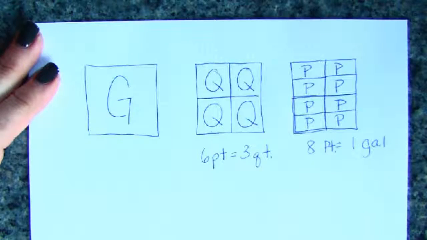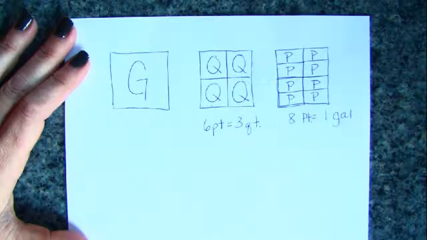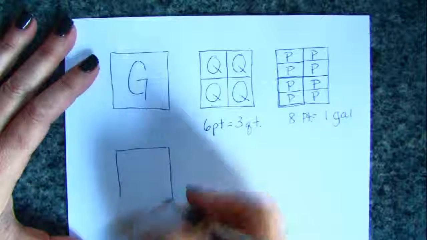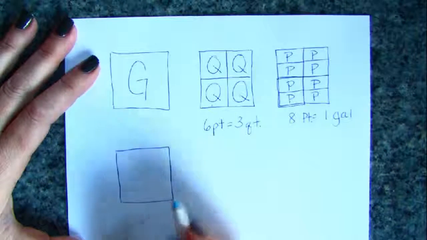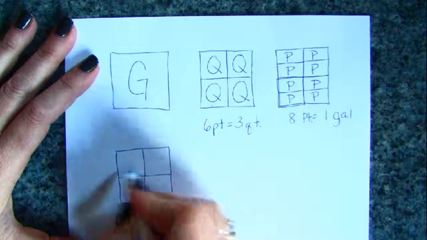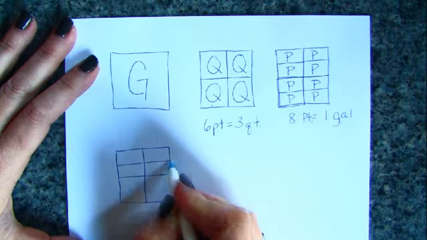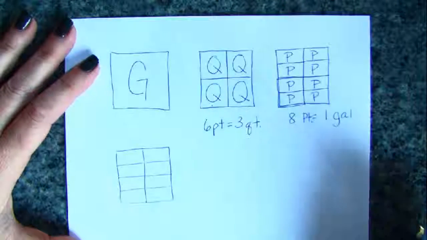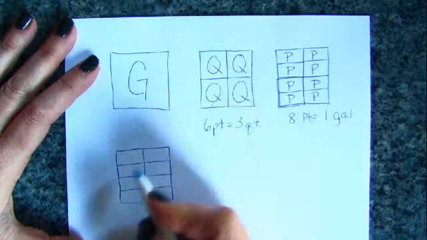Okay? We can also do this for the cup. Same size gallon. We know there's 4 quarts in a gallon. We know there's 8 pints in a gallon. And we know in each quart there are 4 cups.